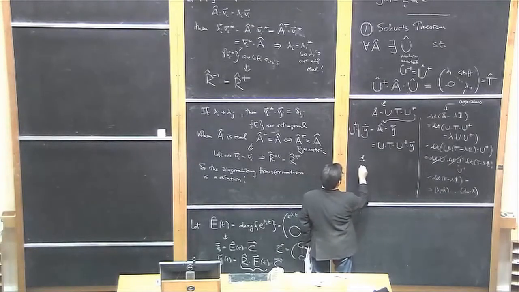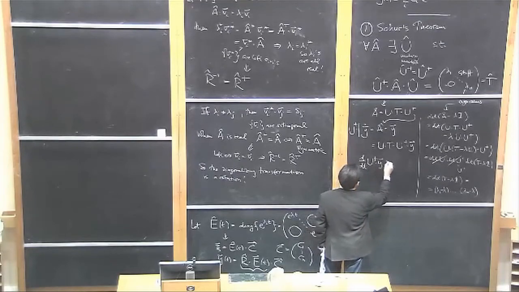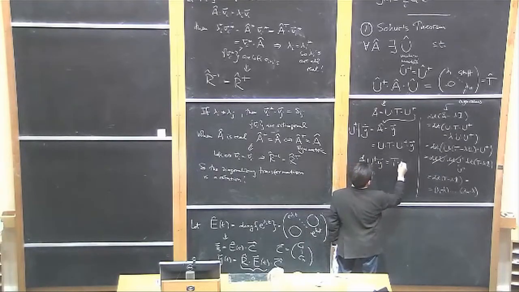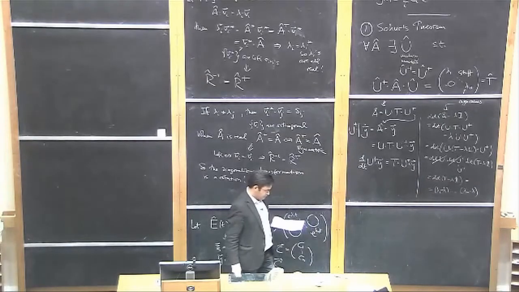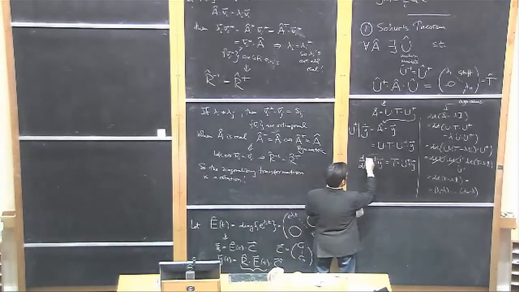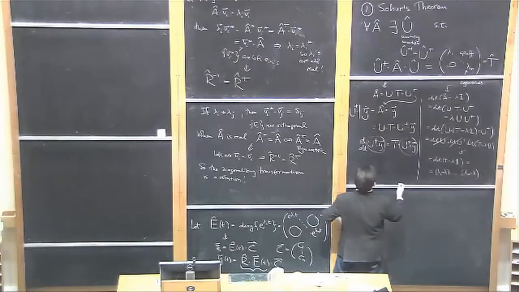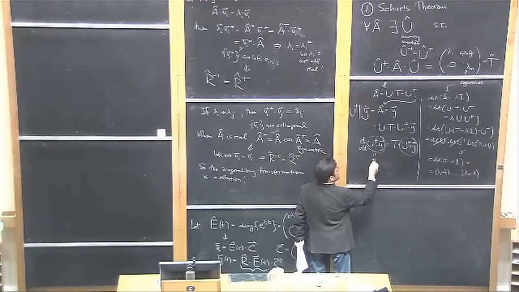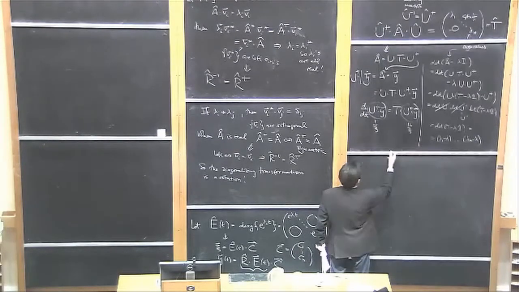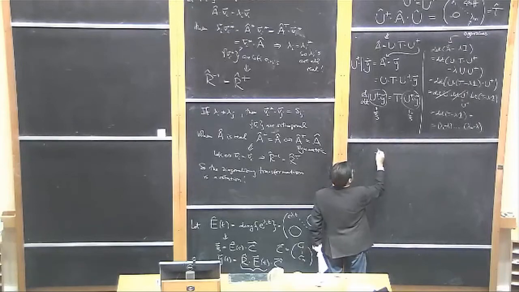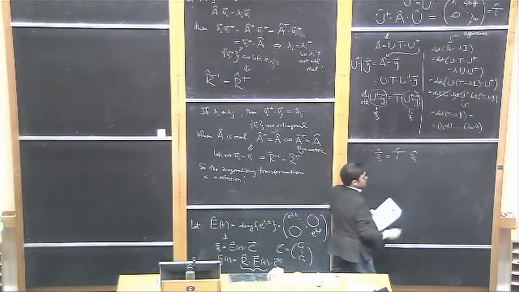This gives you d by dt of u dagger dot y is equal to T dot u dagger dot y. Well, so clearly we have triangulated our system, right? Let me call this Xi. What we have found is that Xi dot is equal to triangular matrix dot Xi.